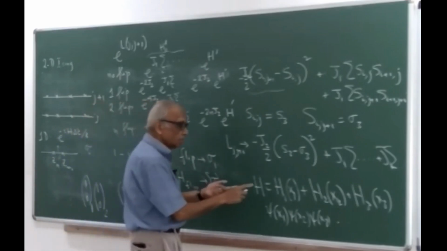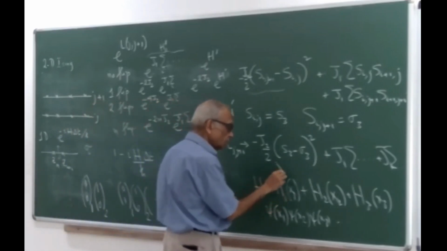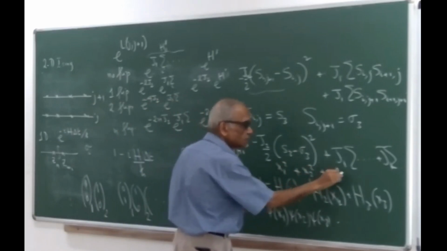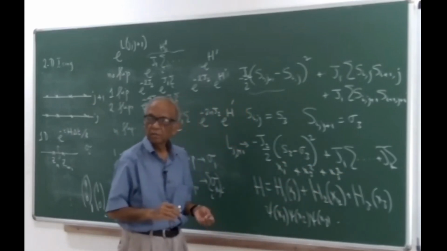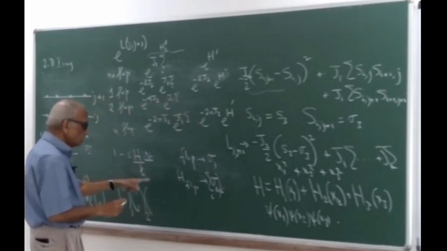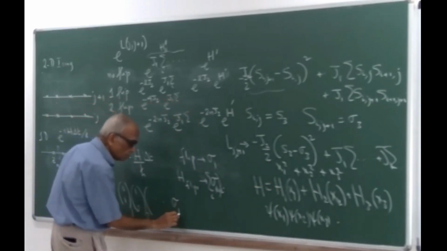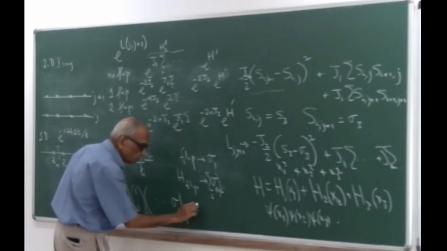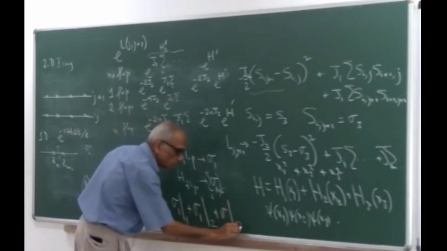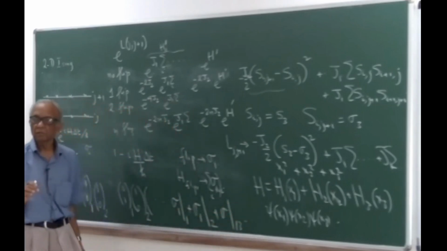I could have a Hamiltonian over here which is like x1 squared plus x2 squared plus x3 squared. And now over here, you have similarly sigma 1 at site 1 plus sigma 1 at site 2 plus sigma 1 at site 3 and so on.